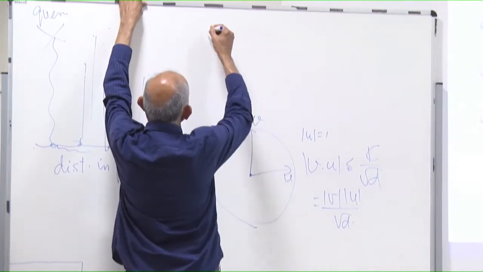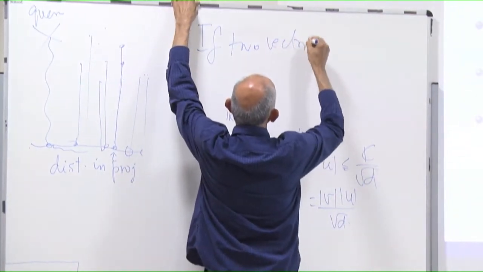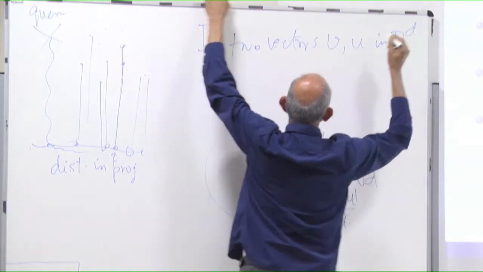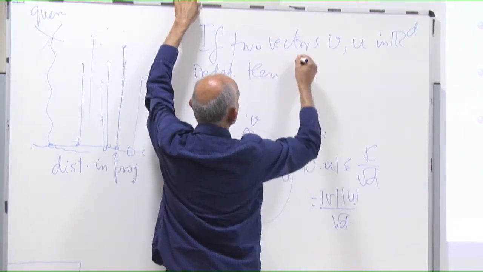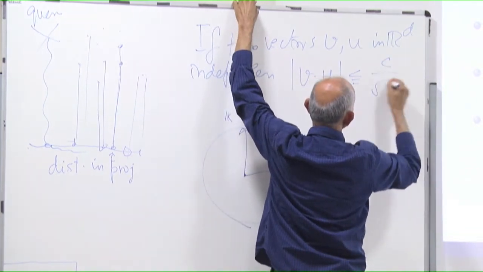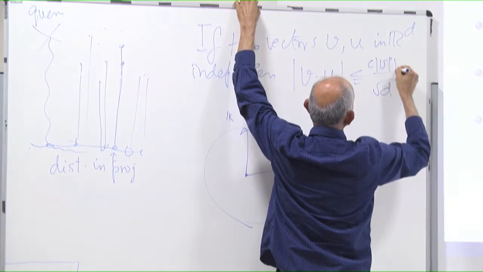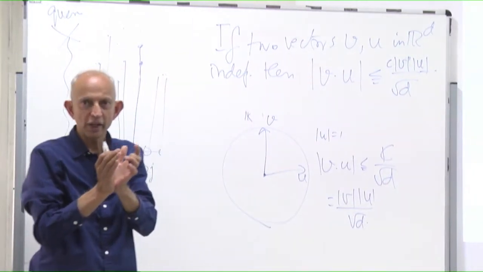carefully. So if we have two vectors v, u in Rd, which are independent, then the dot product is less than or equal to c over root d times the product of the lengths. The product of the lengths is the dot product if they're collinear, right?